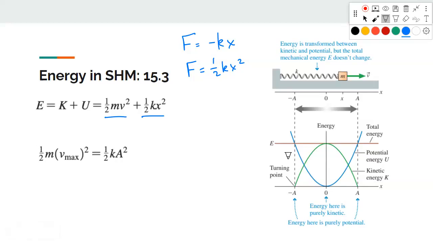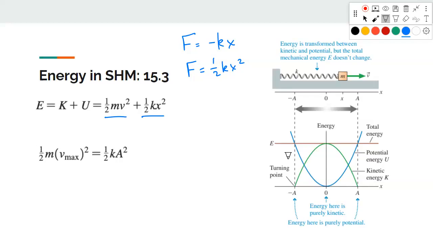Because there's some length of the spring where the spring is happy. That's its equilibrium position. We usually call that position 0. And so whenever the mass passes through that equilibrium point, the spring is happy, so it's not storing any energy. It's its lowest energy state. And so at that point, we only have kinetic energy, and that's where our mass will be going the fastest as it passes through the center.